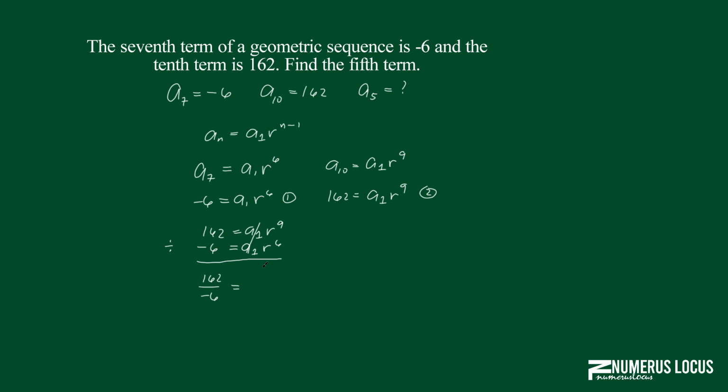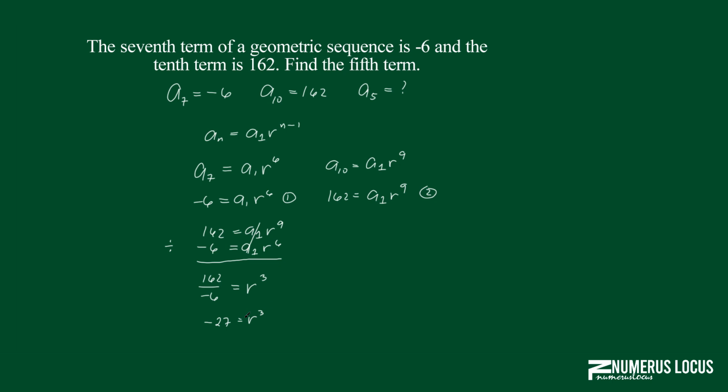Remember that we get the difference of the exponents if we are dividing exponents with the same base. So we have r raised to 9 minus 6, which is r raised to 3. And 162 divided by -6 is -27, so -27 equals r raised to 3.